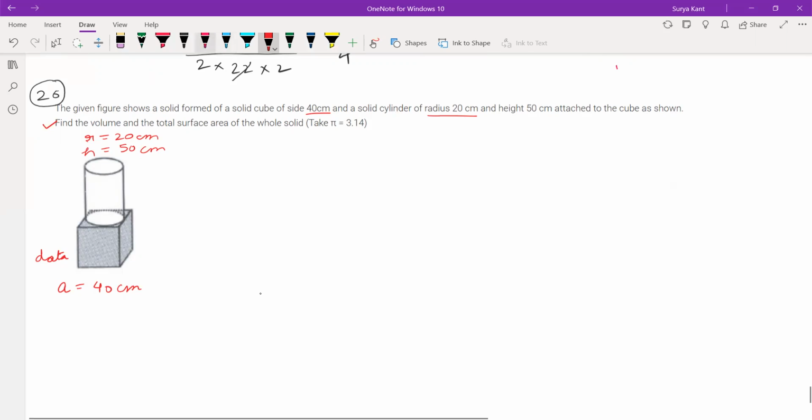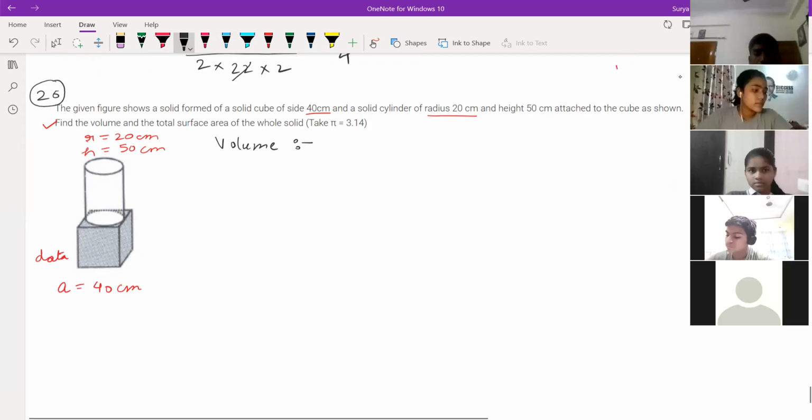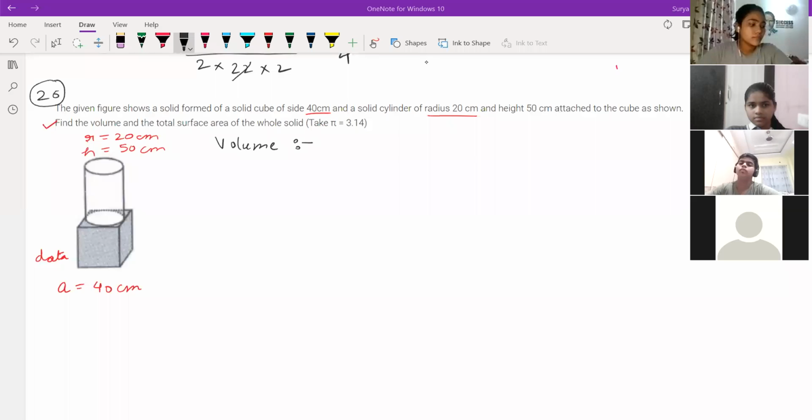So this is a comparatively very easy question. What can we write for the volume, children? Tell me, Krishna, what can we write for the volume of the complete thing? Volume of the whole solid. Volume of cube, sir. Okay, volume of cube we should write, then plus volume of cylinder.